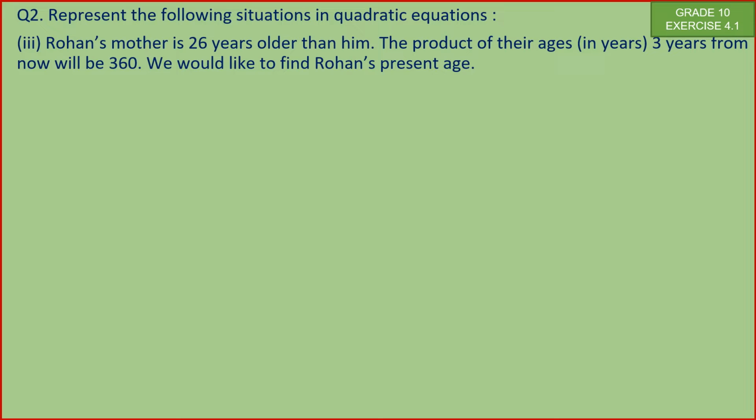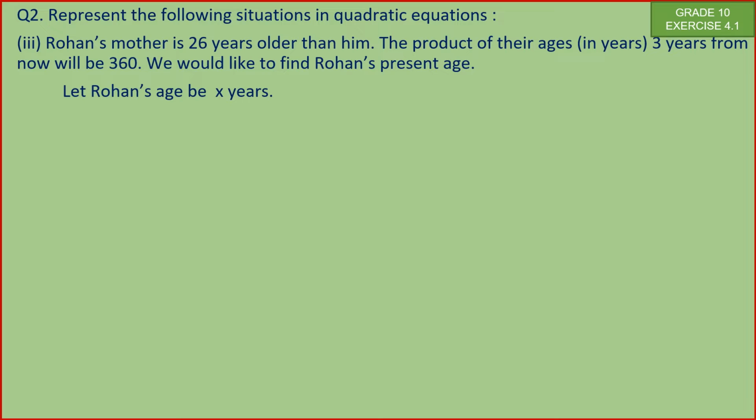So what is given in the question is Rohan's mother's age is 26 years more than Rohan's age, and one more piece of information is that the product of their ages 3 years from now will be 360. So first we can let Rohan's mother's age be X years, or Rohan's age be X years, anyone.